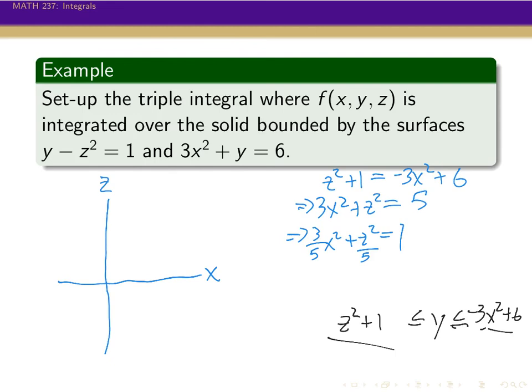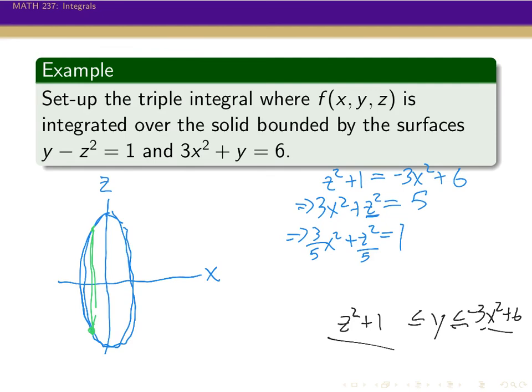I believe this is going to be longer in the z direction than the x direction, although it's not that important. Looks roughly like that. I'm going to say that we should integrate in terms of z next. And so in this picture, we'd be integrating over vertical lines. And same as before, we're going from the bottom half of the ellipse to the top half of the ellipse.